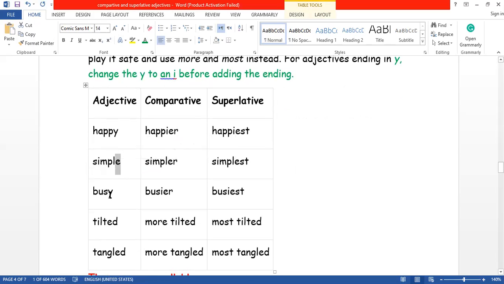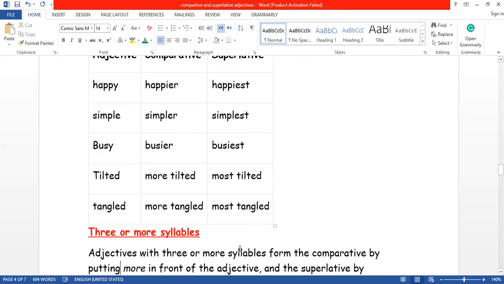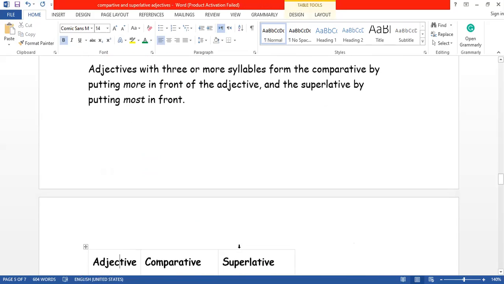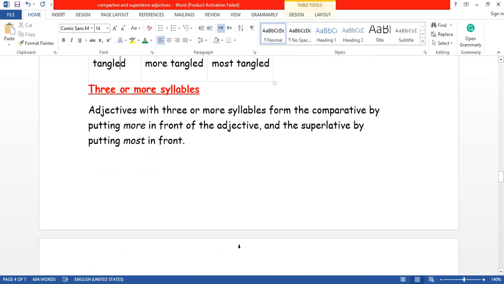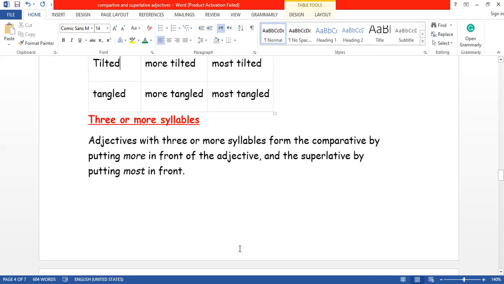So, busy, busier, busiest. Tilted, more tilted, and most tilted. Tangled, more tangled, and most tangled. And the same thing for adjectives with three or more syllables.